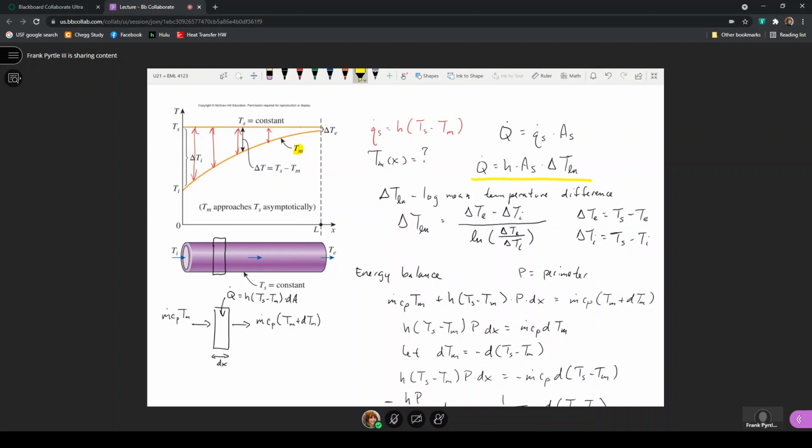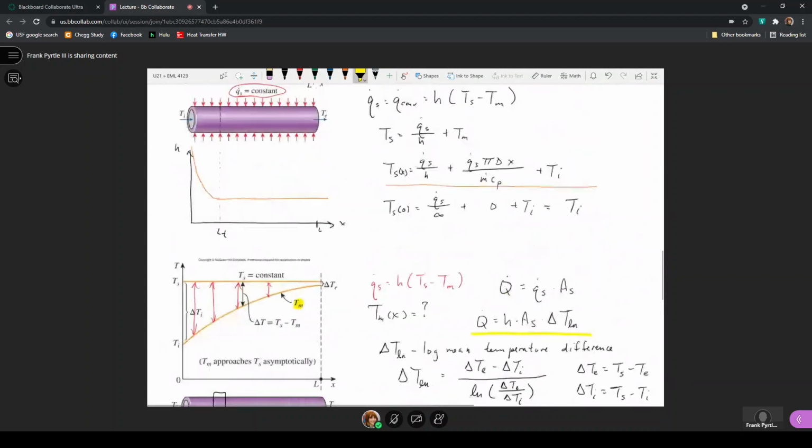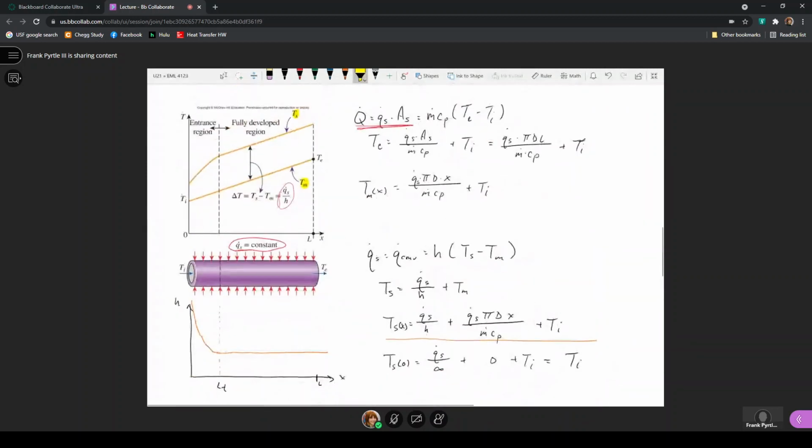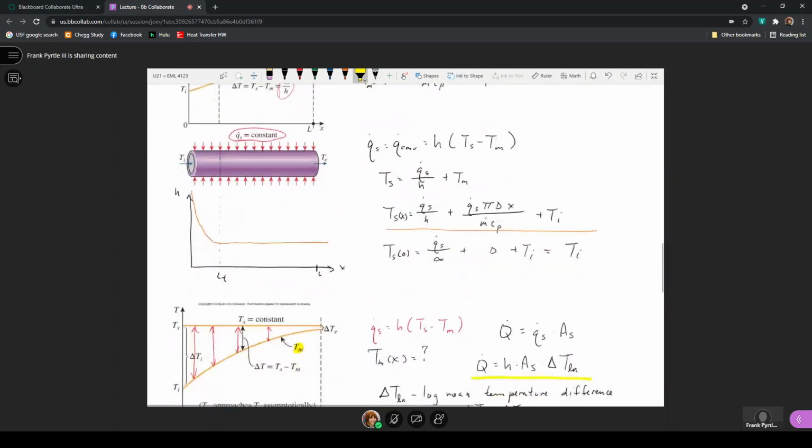So when we're considering one of these problems, whether it's a constant surface heat flux or a constant surface temperature problem, these are the expressions that we would need in order to solve the problem. If I have a constant heat flux problem, the heat transfer rate is just that constant heat flux times the entire surface area on the inside of the pipe.